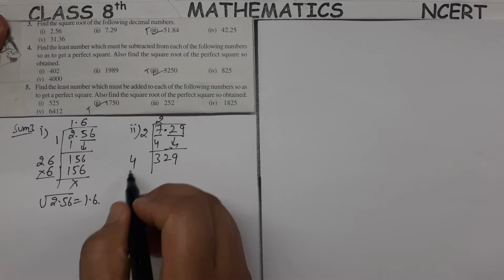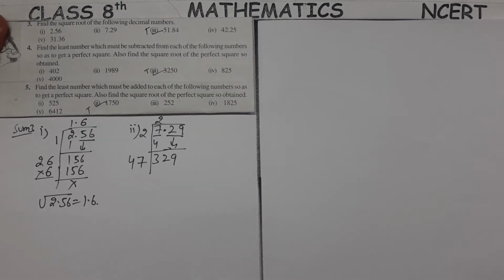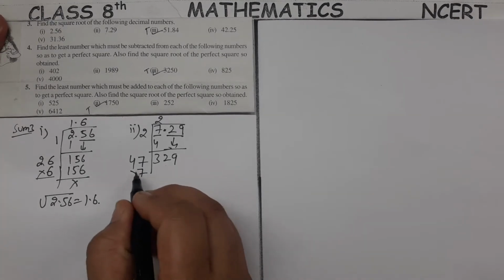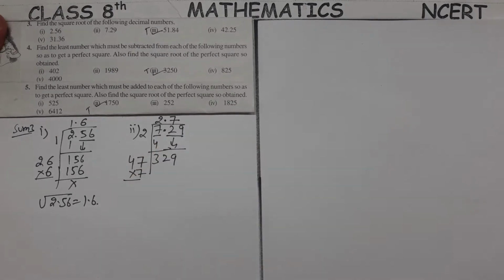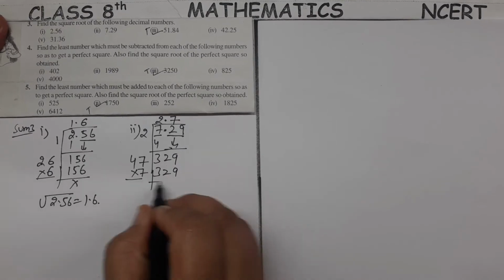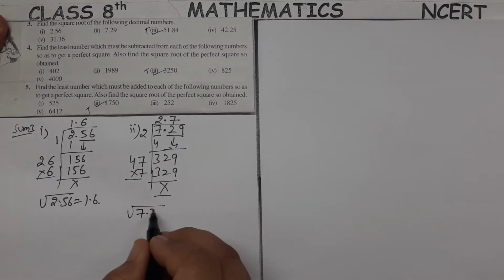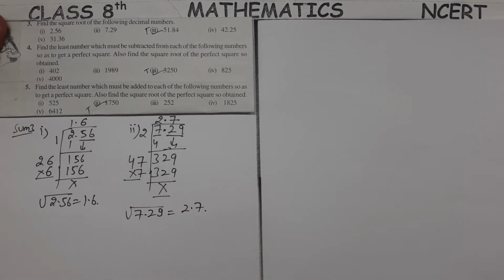Double of 2 is 4. 7 squared is 49, 3 squared is 9, so we will put 7 here, multiplied by 7, and the same number after the decimal we will write here, 7. After multiplication 329, remainder is 0, so the square root of this number is 2.7.